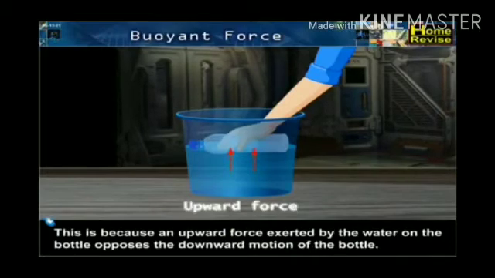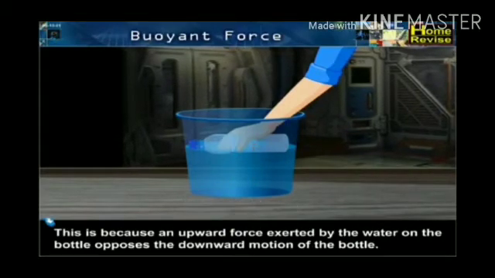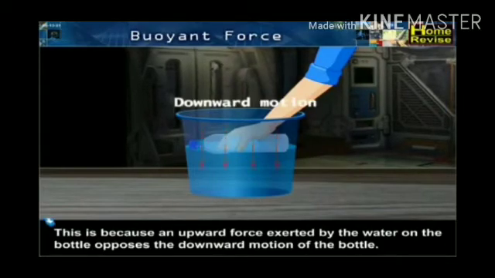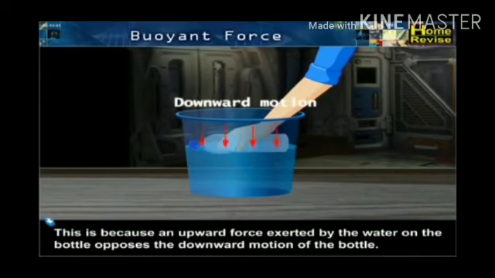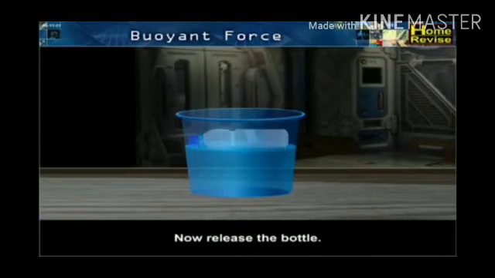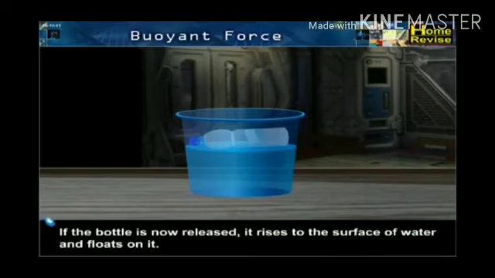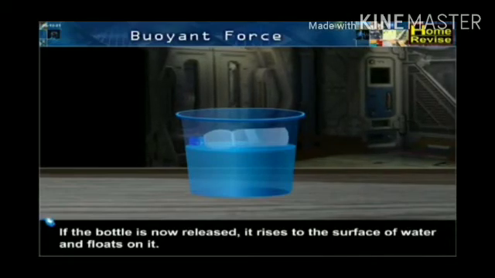Why? This is because an upward force exerted by the water on the bottle opposes the downward motion of the bottle. Now release the bottle. If the bottle is now released, it rises to the surface of the water and floats on it.